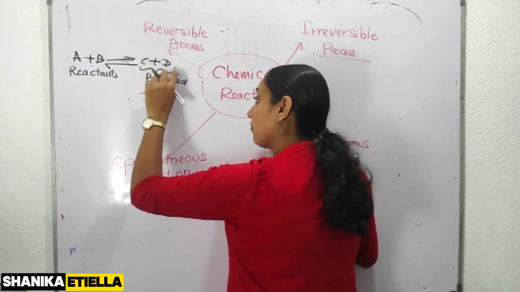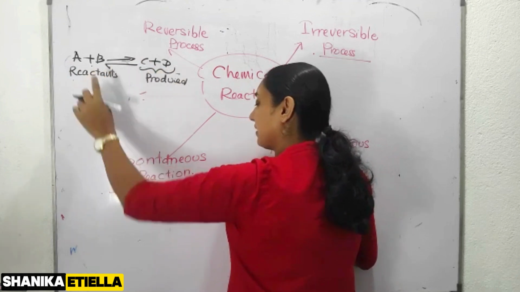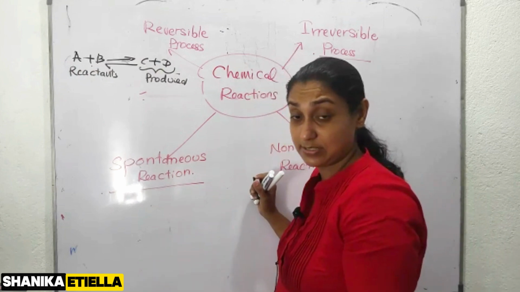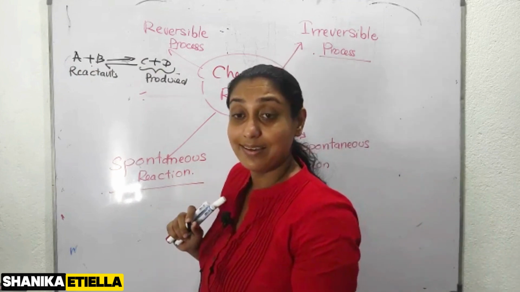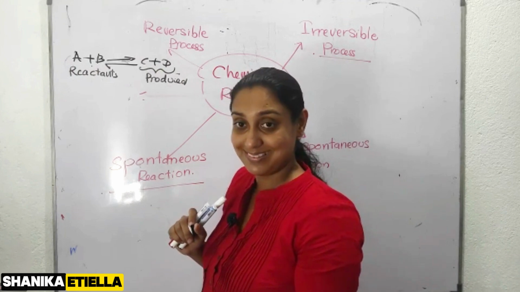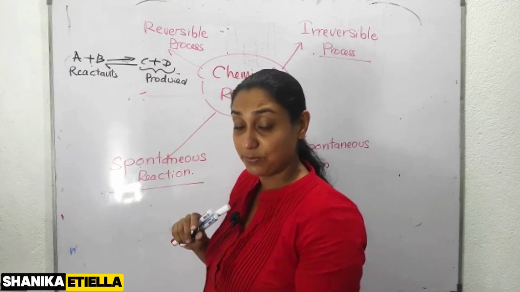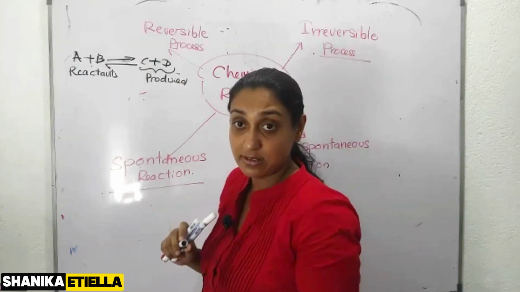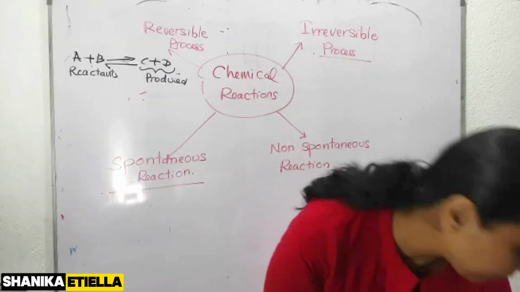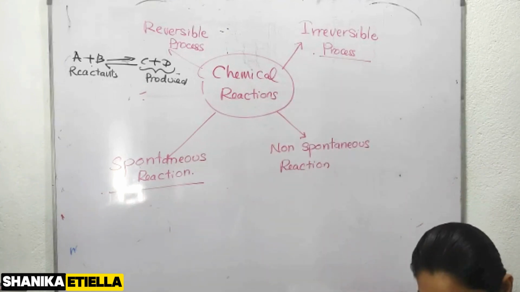If the products can retrace to the reactants again, those reactions are called reversible reactions. Normally in chemistry, there are a lot of reactions which are reversible as well as irreversible. Let's first move with the reversible reactions. Write down this explanation for a reversible reaction.